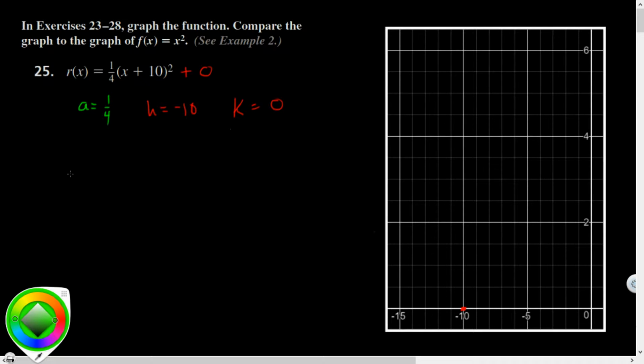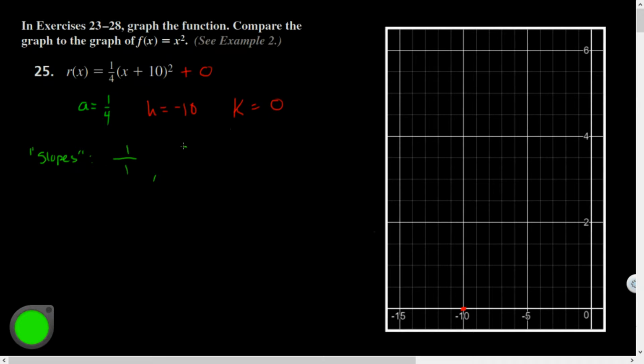So in terms of the sloppy slopes, hopefully you guys are getting good at these slopes of parabolas. We normally would go up 1 over 1, up 3 over 1, up 5 over 1. But I'm going to now multiply all of these numerators, all of the rises, by a quarter. So a quarter times 1, and a quarter times 3, and a quarter times 5.